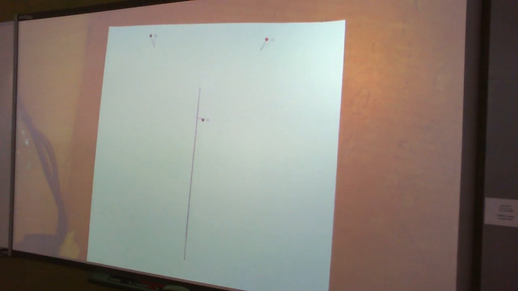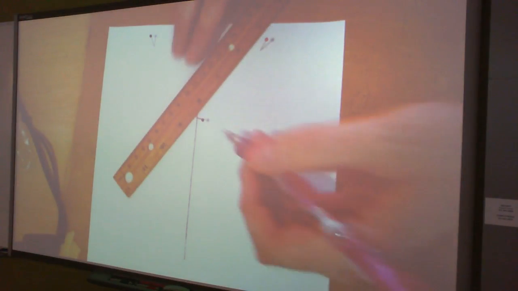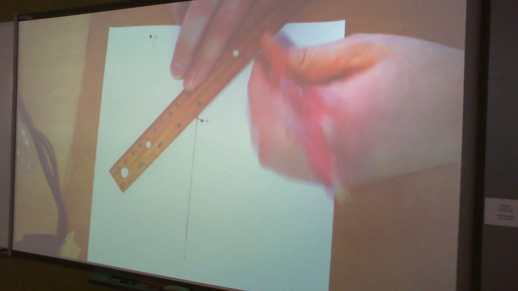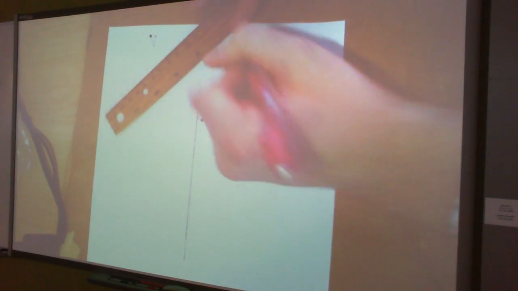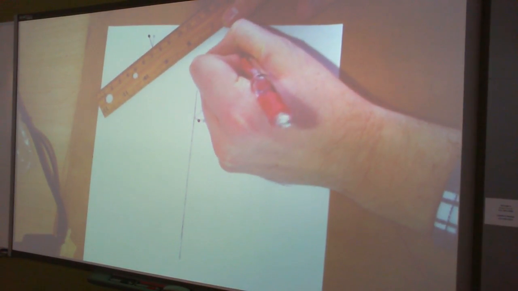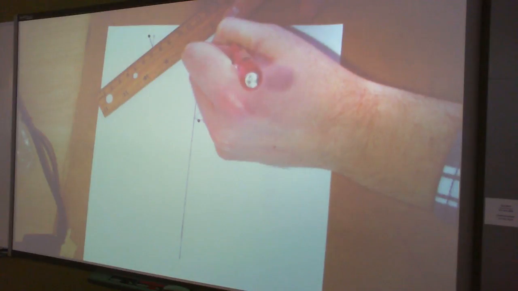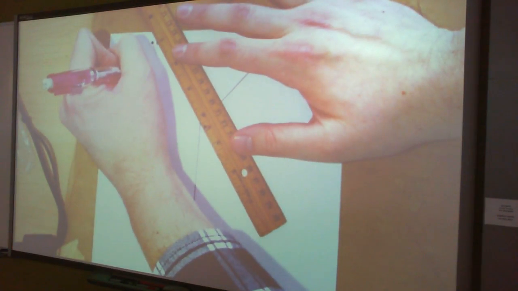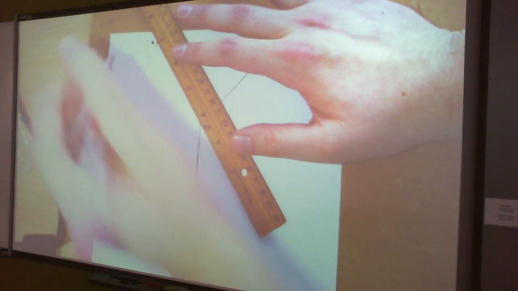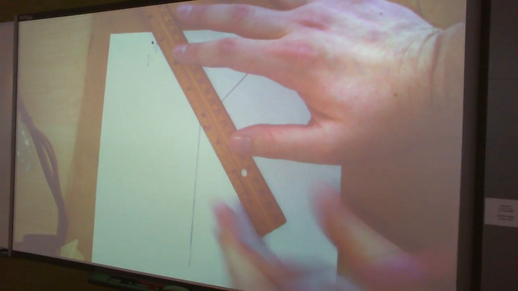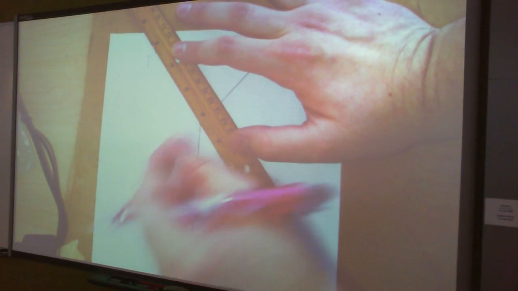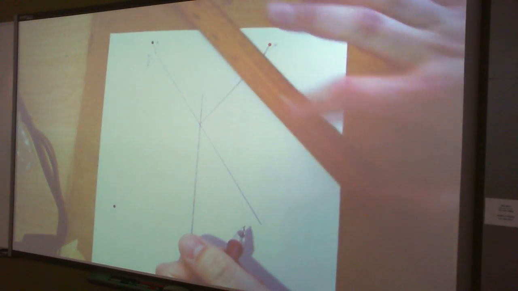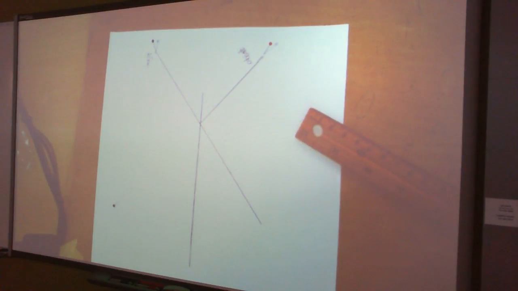So now that we have this, we can draw this line that goes from the object to the mirror, from the mirror to the image, and then we're going to extend it past.